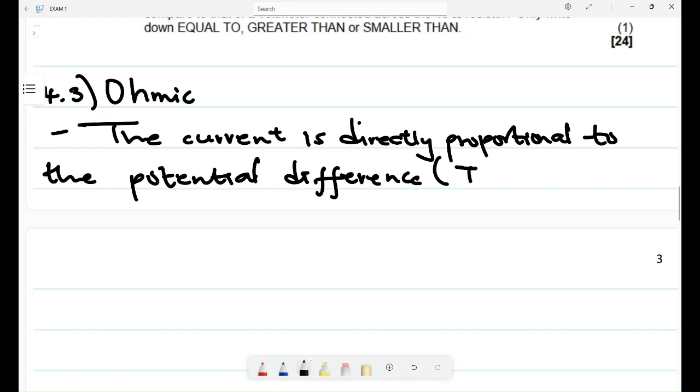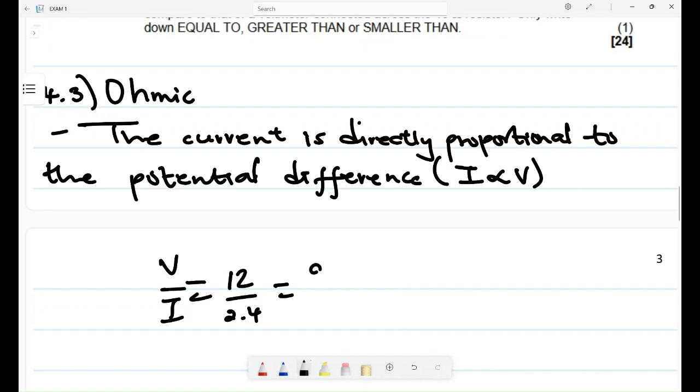Or you can just swap them around and say the potential difference is directly proportional to the current. Or you can say the ratio of V to I remains the same. The ratio of V divided by I remains the same, if you use 9 as well as 1.8, 12 and 2.4, or if you use 6 and 1.2, I think.